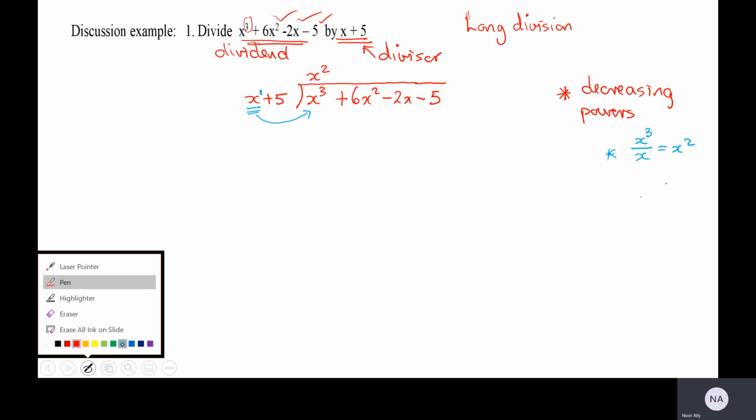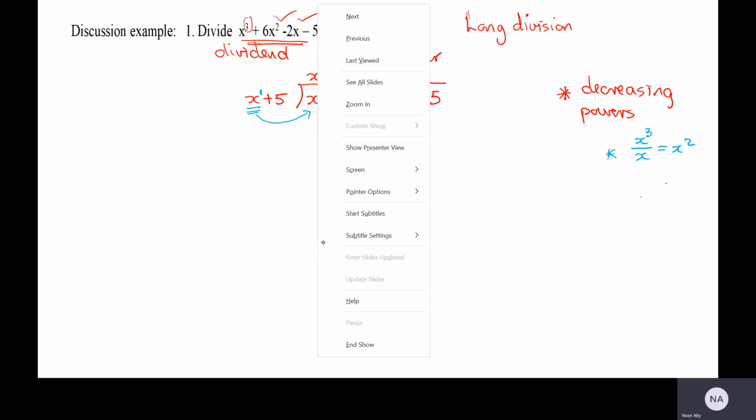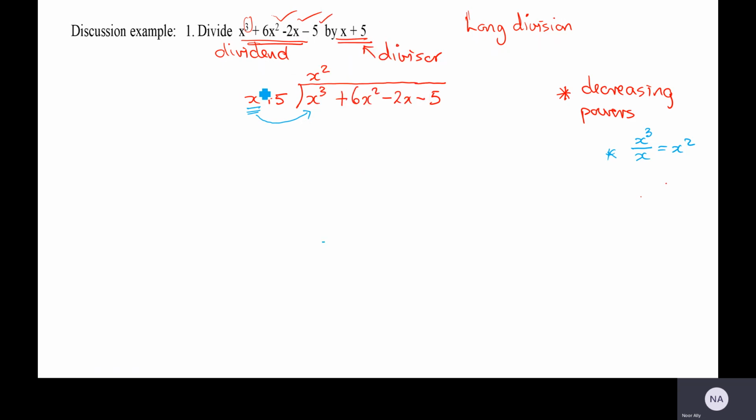But this time, you will multiply x squared by x and x squared by all the terms in the divisor and place those answers beneath the appropriate like terms. So x squared times x gives you x cubed under whatever term x cubed is. x squared times 5 gives you plus 5x squared.